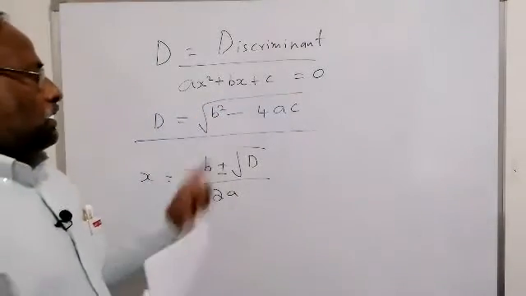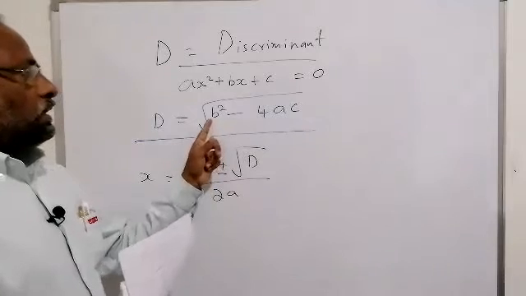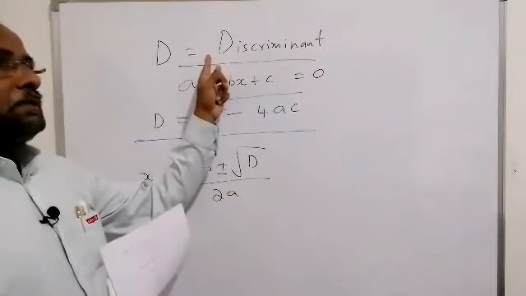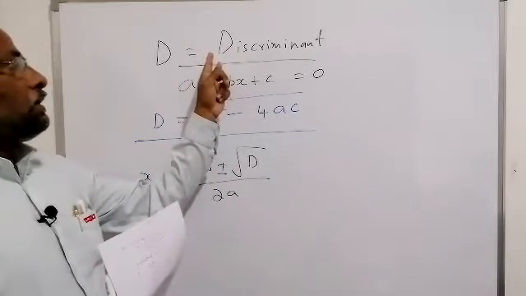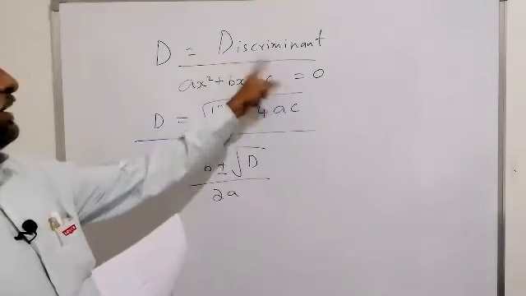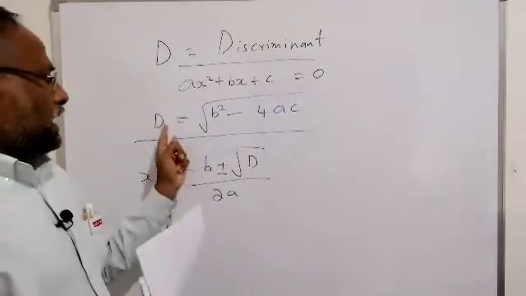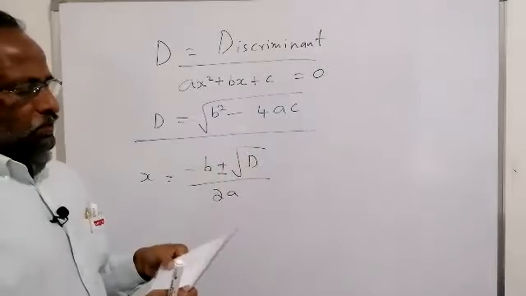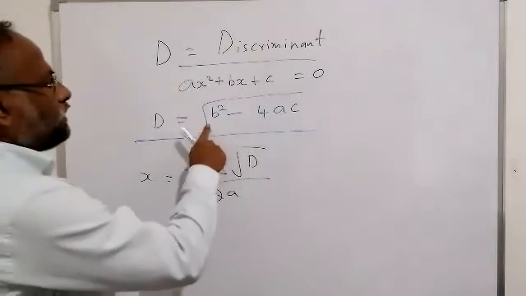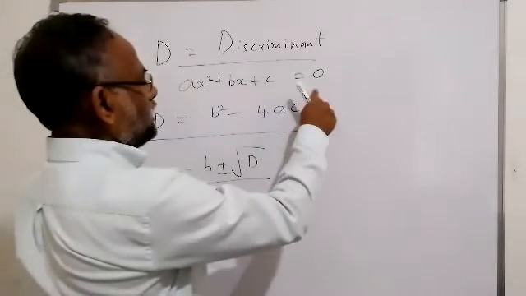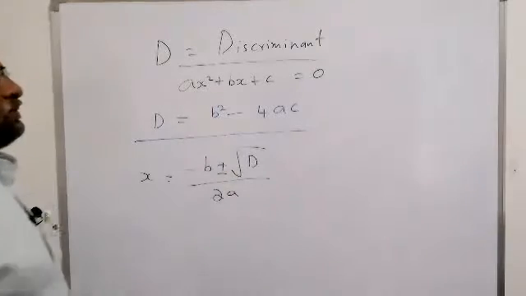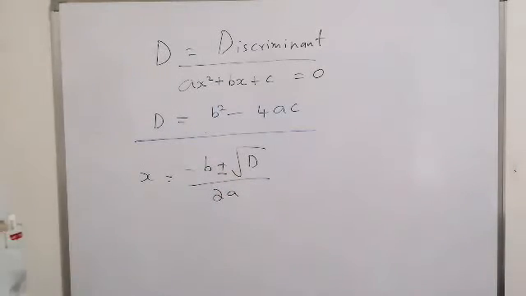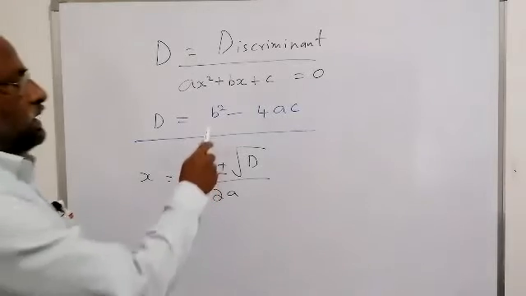Now, first, what is D, sir? D is for discriminant, that means b square minus 4ac. Here the root is outside, b square minus 4ac is the D. Now, what is b square?